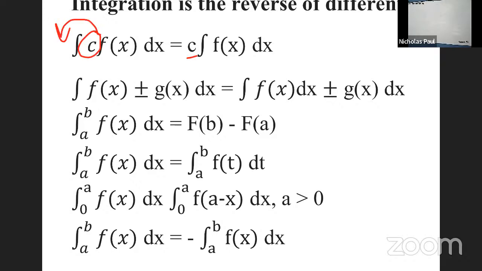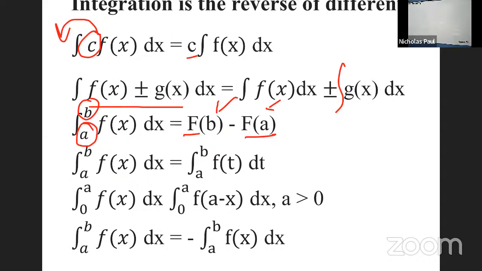If you have the integral of a sum or you're subtracting two functions, you could simply integrate them separately. If you have limits, a and b, you integrate and then you plug in b and a.